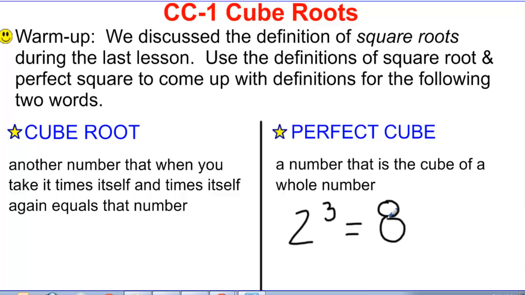And so over here on the left, if I'm thinking about the cube root, I just write a little 3 above the root symbol to show that I'm taking the cube root of 8 equals 2. So the number that when you multiply it by itself and then by itself again equals that first number that I'm taking the cube root of.